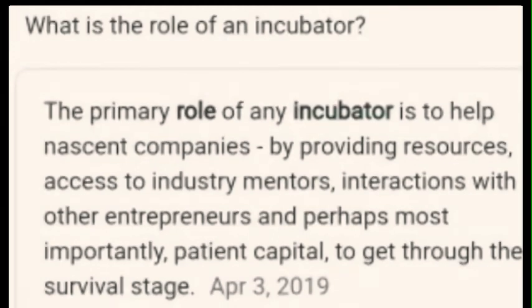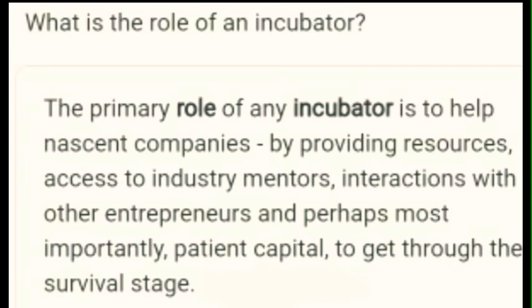What is the role of an incubator? The primary role of a business incubator is to help nascent companies by providing resources, access to industry mentors, interactions with other entrepreneurs, and most importantly, patient capital to get through the survival stage.